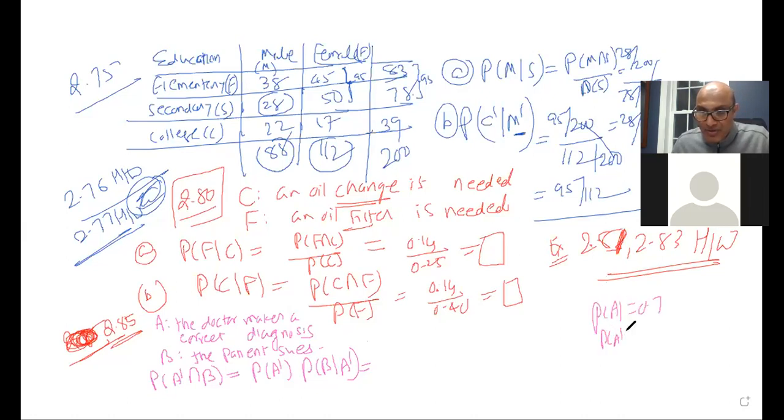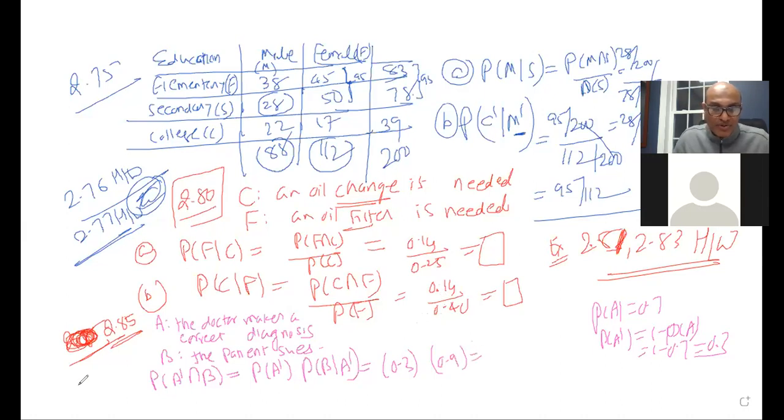So probability of A complement is equal to 1 minus probability of A, that is equal to 1 minus 0.7, that is equal to 0.3. So let me use over here 0.3. And probability of B given A complement, that means doctor makes an incorrect diagnosis and patient sues. So that probability is given to you, that is 0.9.